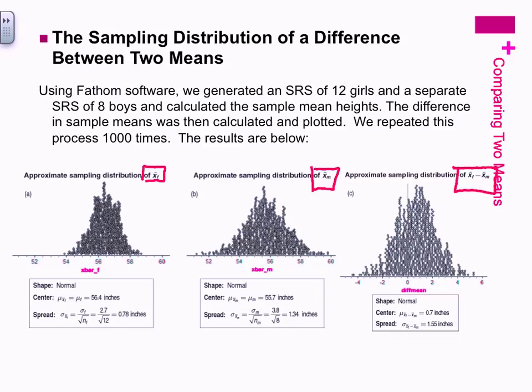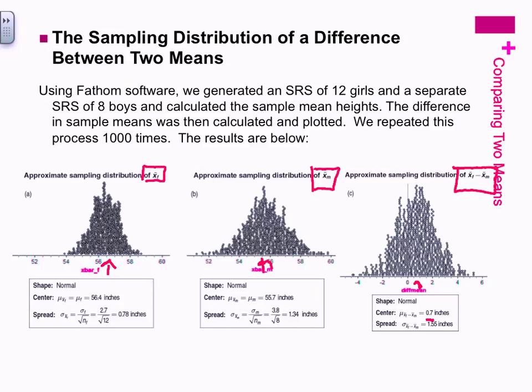You would notice that the shape is all normal, and everything is centered at its mean, and the mean here is 0.07.